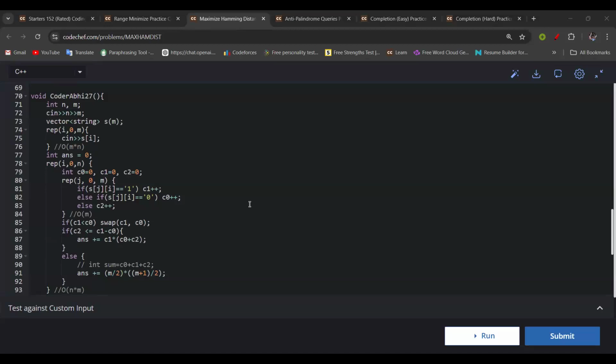Excuse me, sir. When I was solving the problem, my approach was the same. But instead of taking the variables C0, C1, and C2, I pre-computed the number of zeros, number of ones, and number of question marks at a particular index and stored them in an array. But it was giving me TLE. Why so?